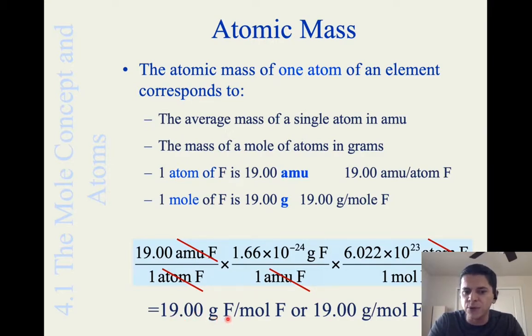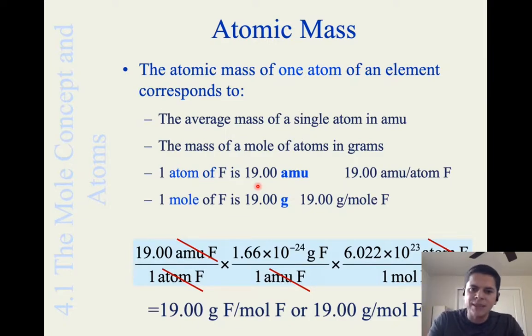This is grams of fluorine per mole of fluorine. More commonly said, 19 grams per mole of fluorine, or just straight 19 grams per mole. So the number that we read in the periodic table for the atomic mass is also the molar mass.